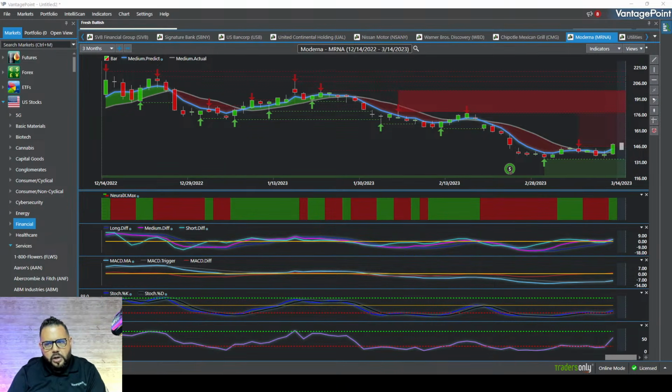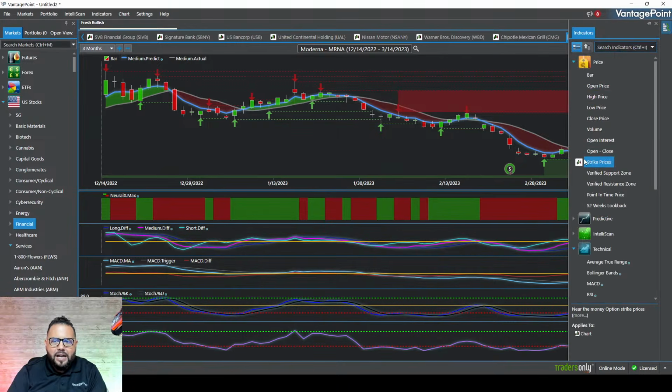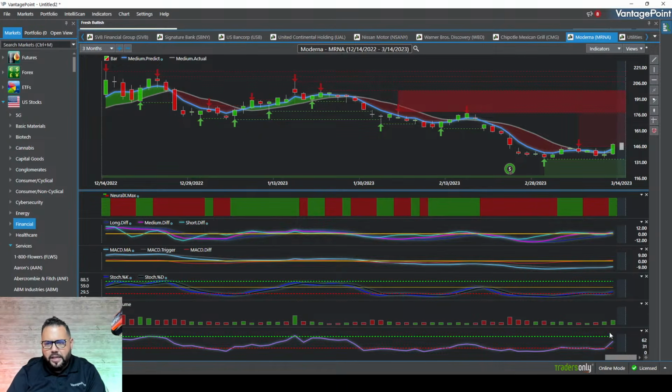So I've got to make sure I have enough momentum and enough volume to push deeper into that resistance. I can put on my volume indicator and see I'm getting increasing bullish volume. So from a trade setup standpoint, I've got enough information here on Moderna to say, you know what? I've got a great bullish opportunity on mRNA.